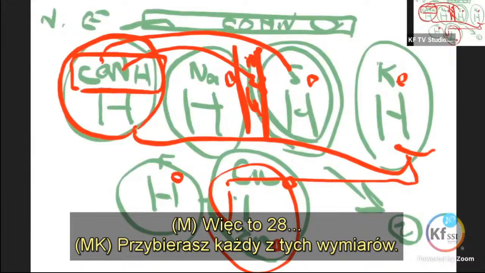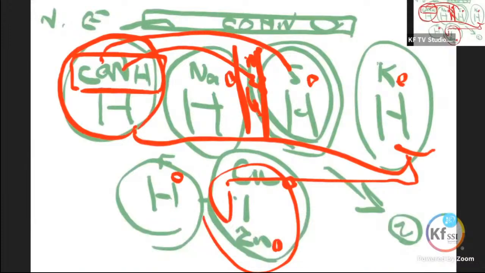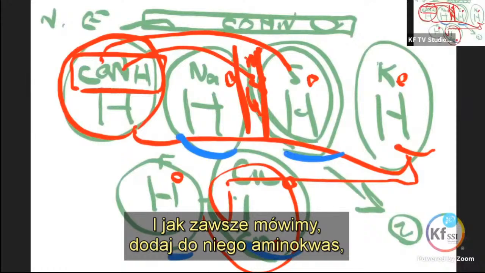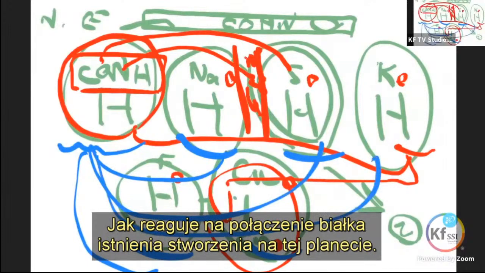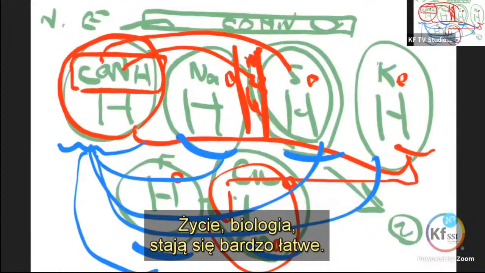So take any of these positions at 28, and as we always tell you, add an amino acid to it, then you see the cycle of life, how it reacts to the combination of the protein existence of the creation on this planet. The biology of physics is very, very simple.